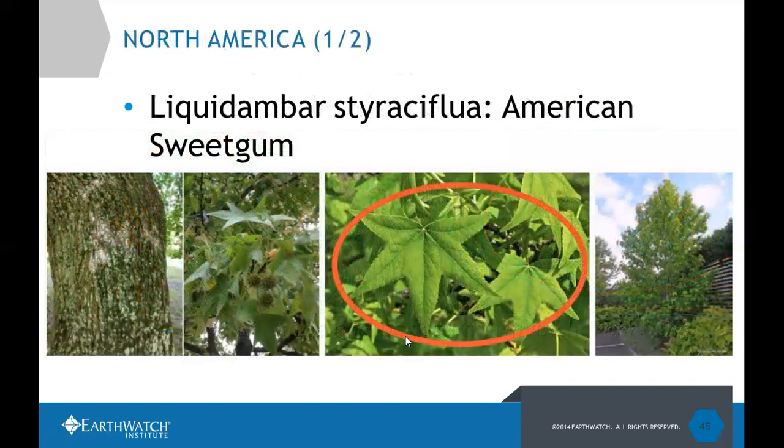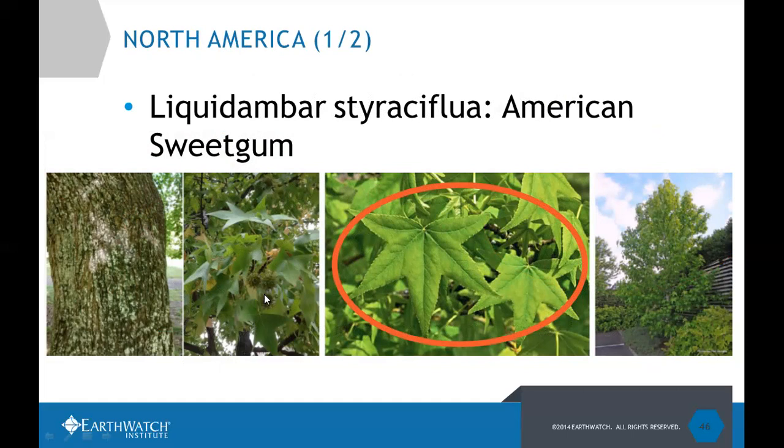So next up, coming into the North American species, the Liquidambar styraciflua, the American sweetgum, essentially. It tends to look a lot like the London plane tree or sycamores and things like that, mostly because those trees tend to have these very spiky pods at the end, and those pods tend to look a lot like other species with similar deciduous structures.